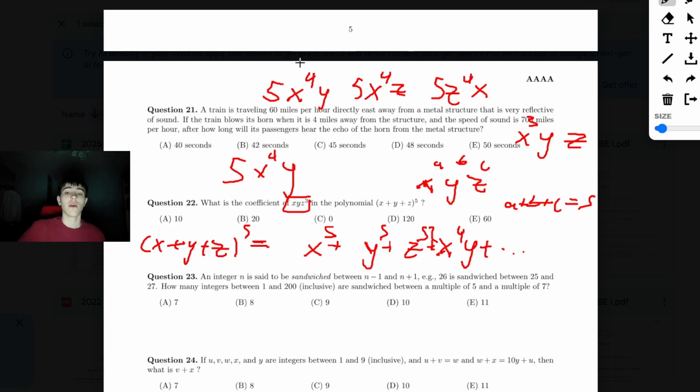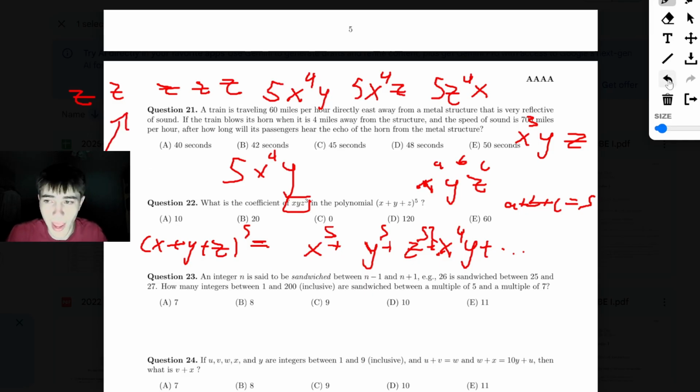So what could we do? We have three z's, right? Z, z, z. What if we assume we start with 5 z's, like we did assume we start with 5 x's here, but then we need to replace one of them with x and one of them with y. Okay, so there are 5 z's, and we replace one of them with x. Now we have x and then 4 z's, right?